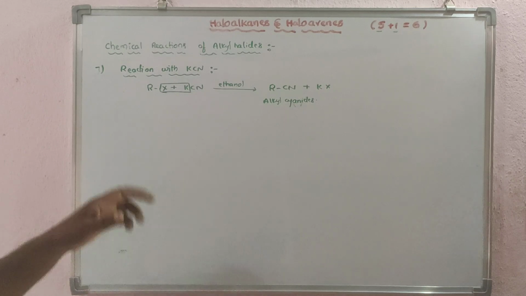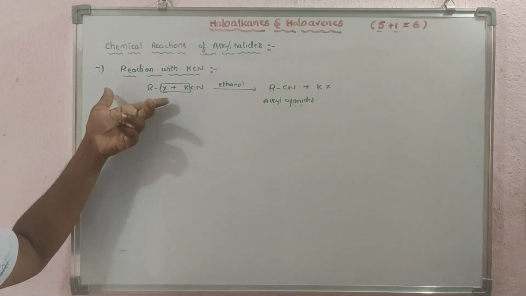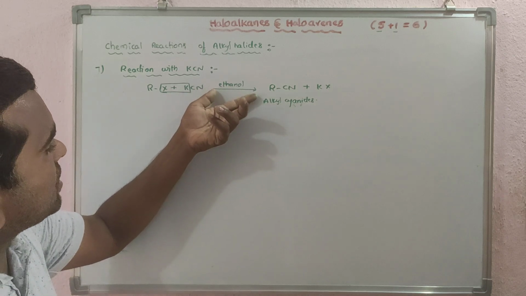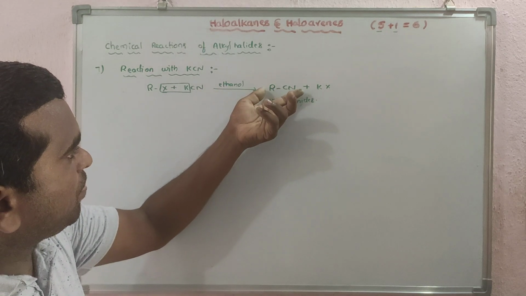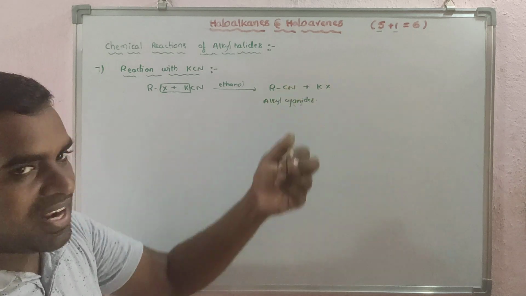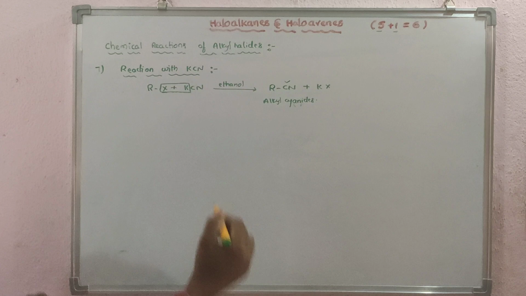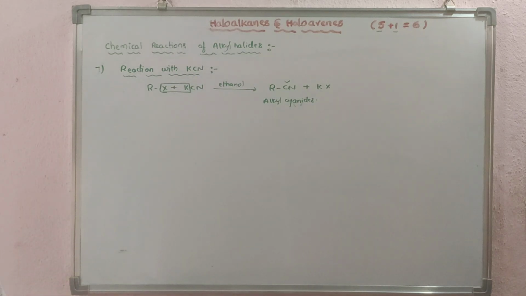Clear? So when alkyl halides react with potassium cyanide in the presence of ethanol solvent, they produce alkyl cyanide. Cyanides are produced in this reaction.